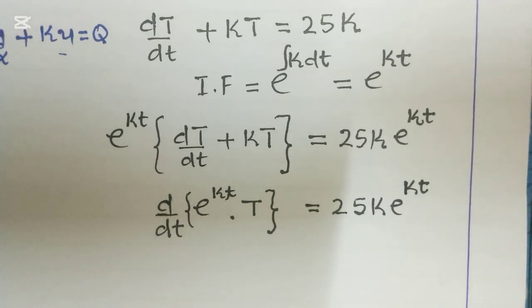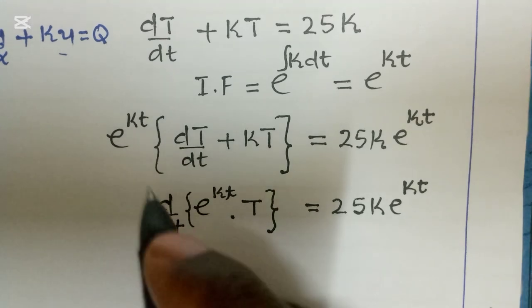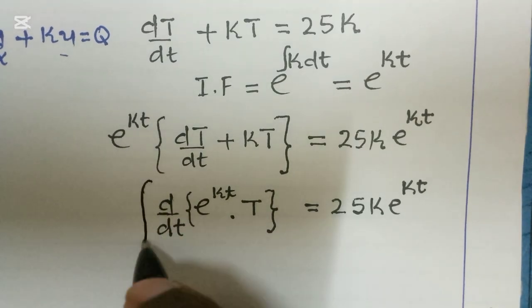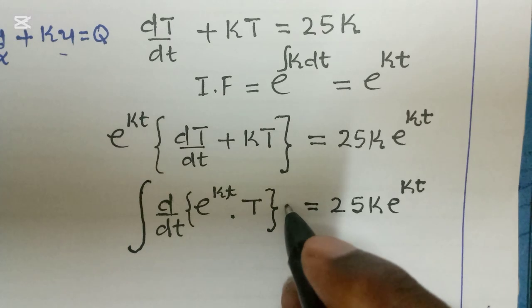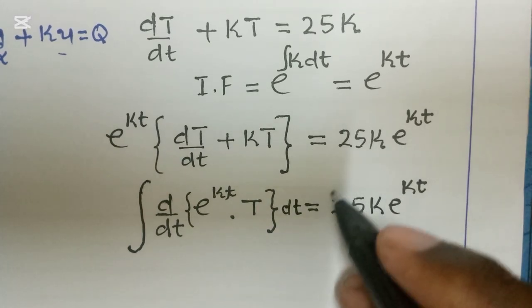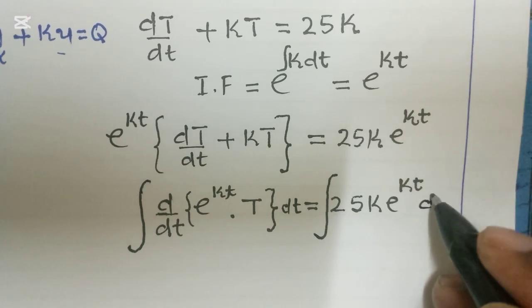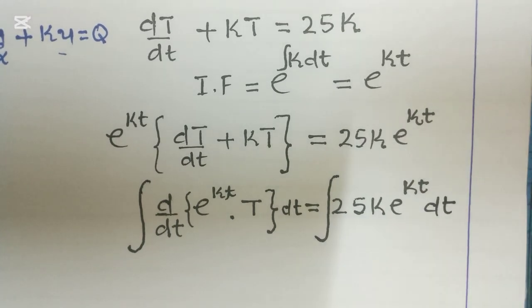So from where we come, we integrate both sides with respect to t. We integrate this side with respect to t, we write here dt, and we integrate this side with respect to dt, like that.